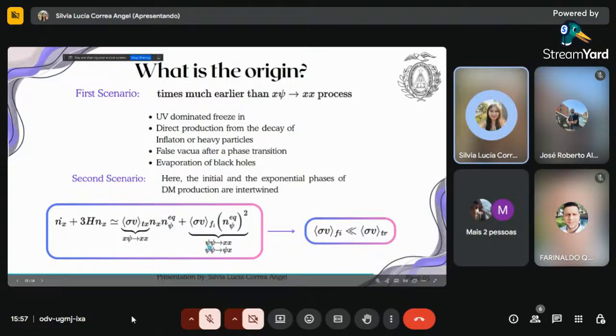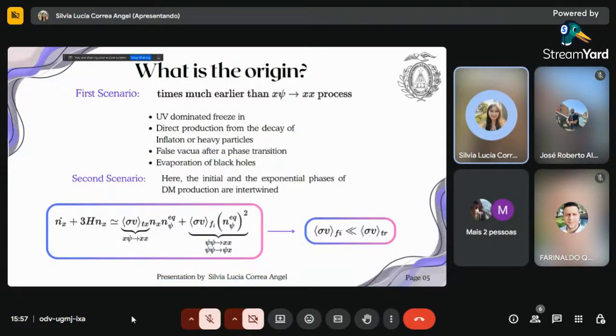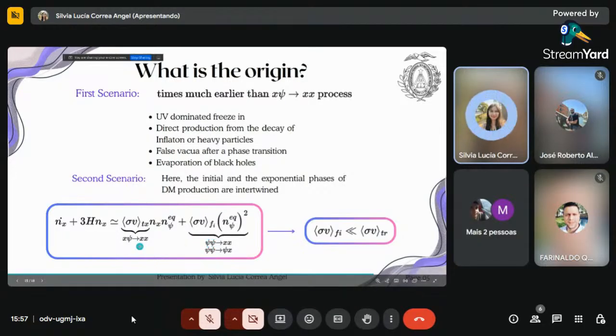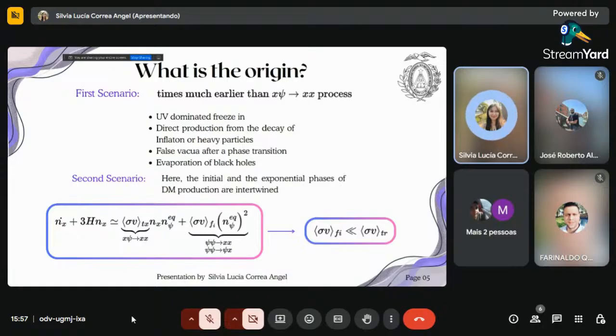Of course, because you will never produce enough dark matter if this rate is bigger than this one, because you are producing more particles of psi and dark matter, and it will never be in equilibrium in the flattened curve that we need in order to reproduce the abundance. So this is a condition we need here.